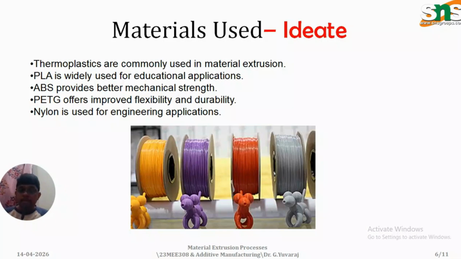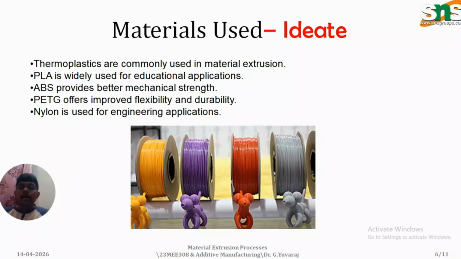ABS provides better mechanical strength, PETG offers improved flexibility and durability, and nylon is used only for engineering applications. The images which you have seen show the filament winding roll, and based upon the roll, it can form engineering applications with durability.